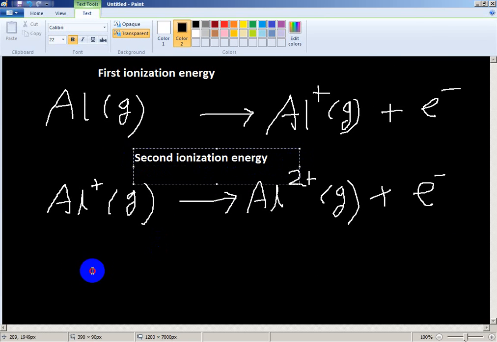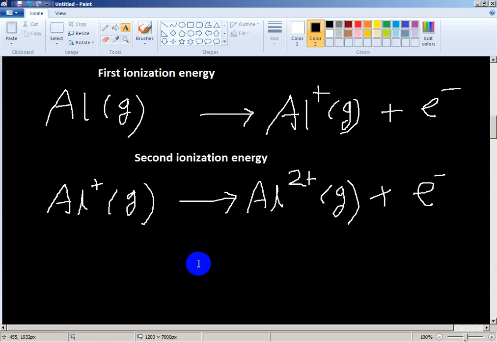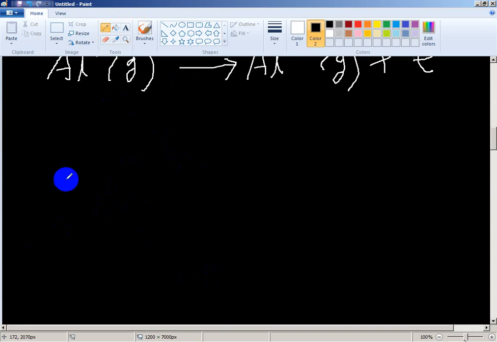Okay, if I remove one electron from a doubly positively charged gaseous atom, it is called third ionization energy. I am writing this: third ionization energy. This one has two positive charges.